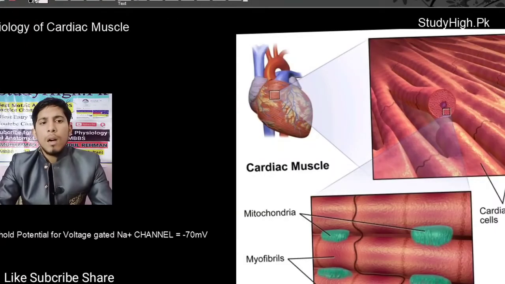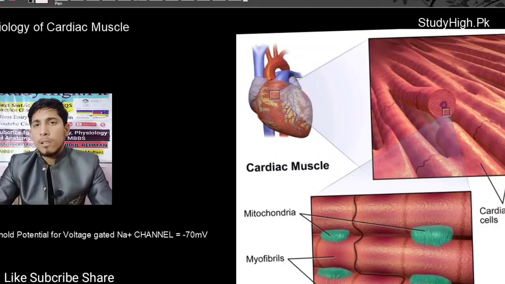First of all, I want to inform you our heart consists of three important types of muscles: atrial muscles, ventricular muscles, and conducting or excitable muscles of the heart.